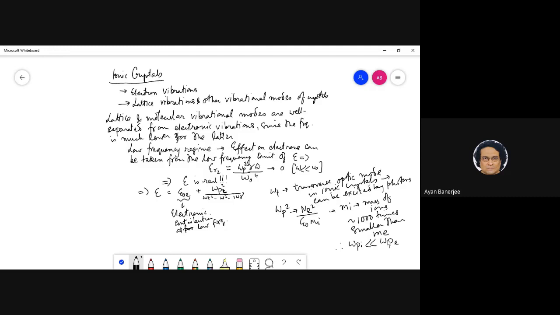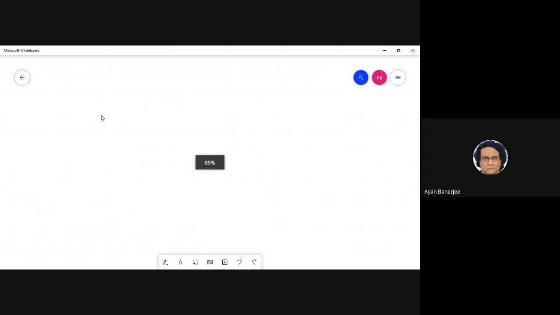Okay, so we will quickly summarize what happens here. There's nothing great that is resulting, but the interesting part is at the point where omega equals omega p. That is really fascinating.